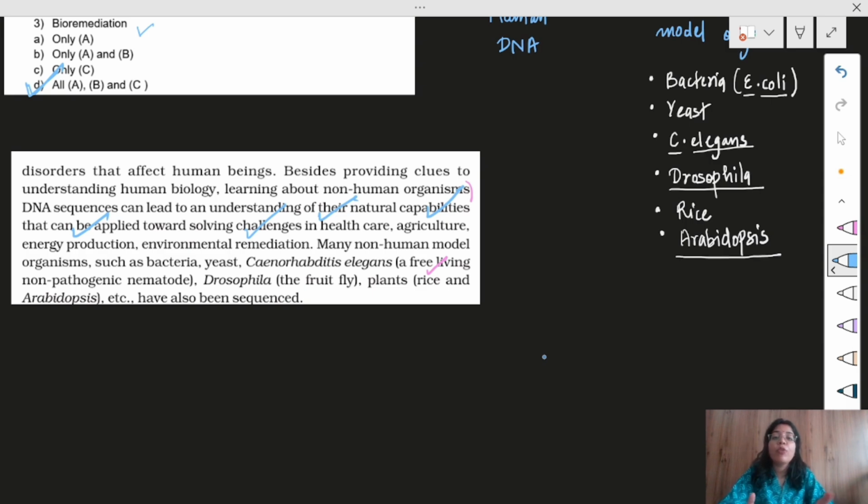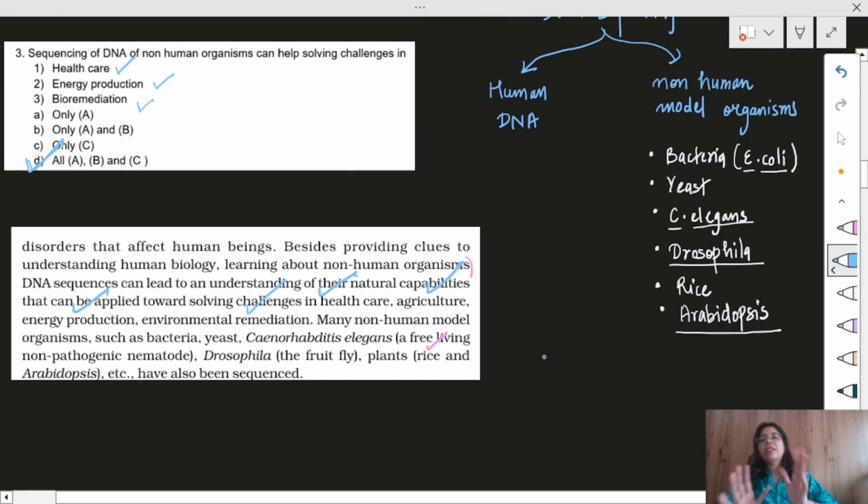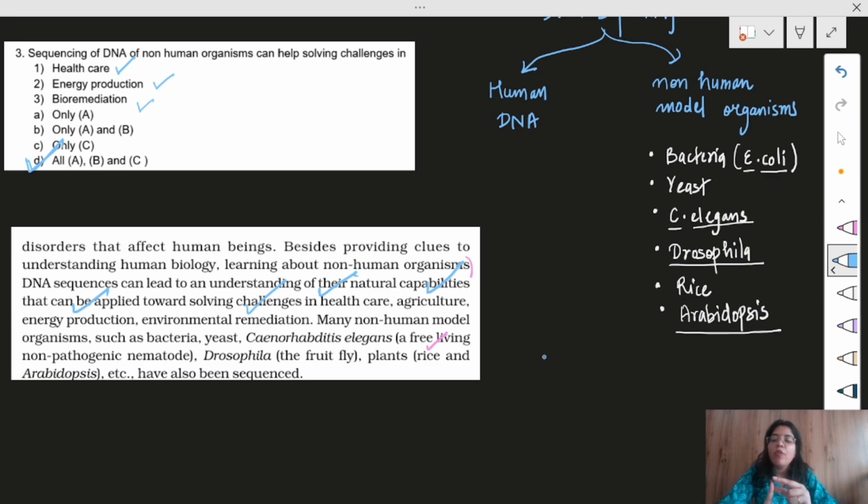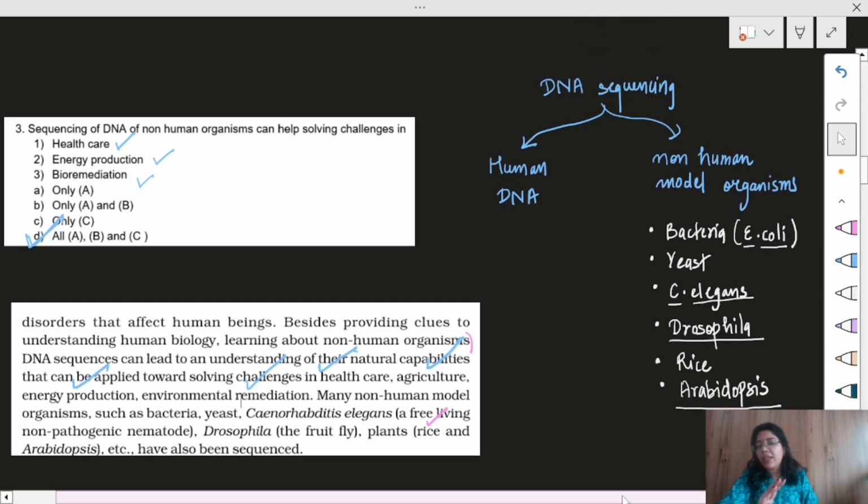We can use that land for agriculture purposes, right? So this is one thing by which you can understand why we have sequenced other organisms also, because we can have more information for the healthcare industry, for energy production, and for bioremediation. All these three you have to remember along with the name. Next time they can give a question on this.